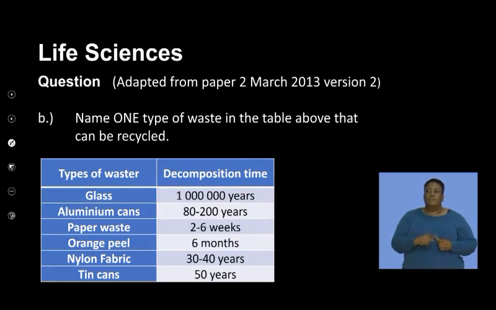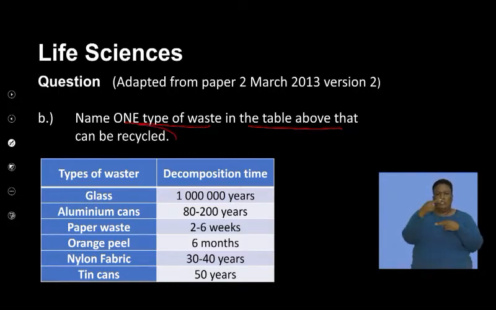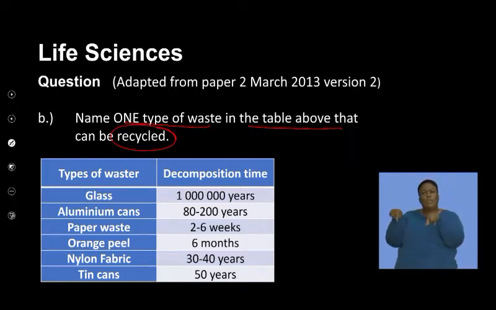Name one type of waste in the table below that can be recycled. So when we look at this table, let's look at one type of waste that can be recycled. If we think about all of the glass, the aluminium, and the paper waste, a lot of this can be recycled.